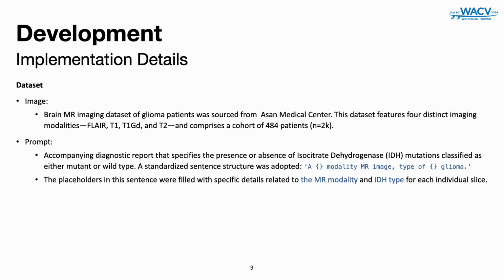The dataset utilized for this study is from a medical center, focusing on brain MR imaging of glioma tumors with 4 distinctive modalities: FLAIR, T1, Enhanced T1, and T2. Each dataset is accompanied by a diagnosis report that identifies the presence or absence of IDH mutations.